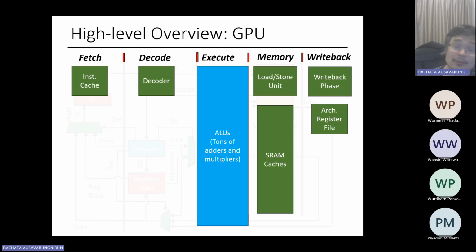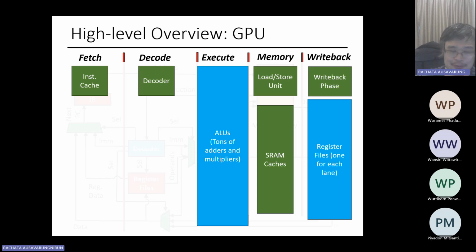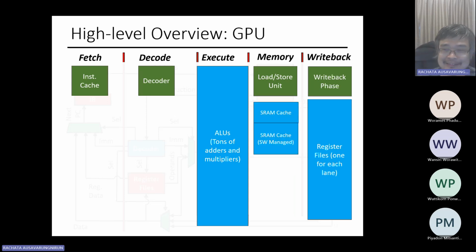Then, because I need to support fine-grained multithreading, your register file will be huge. And because they're getting really big, what I need to sacrifice is I would now have a smaller cache, and some of this cache can be software managed.